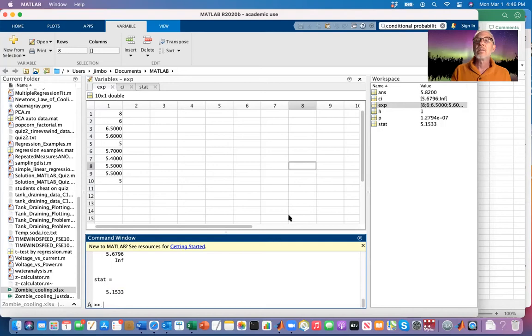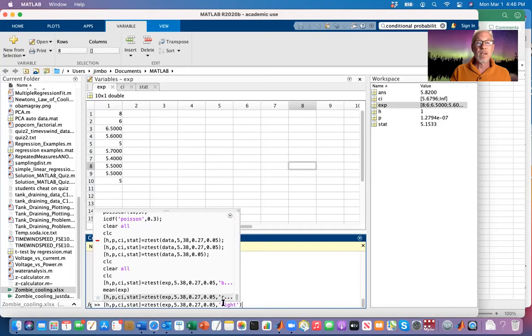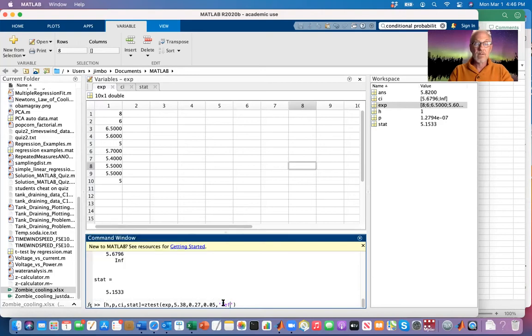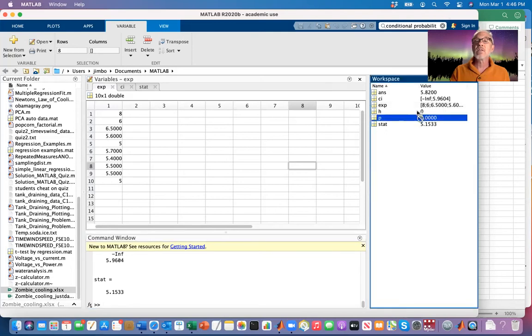If we wanted it to be negative, we could have a left tail test. And in this case, if it's a left tail test, you'll notice that we failed to reject the null hypothesis because it's in the wrong tail, right? The difference is a positive difference, okay? So that's how you would do the Z-test.